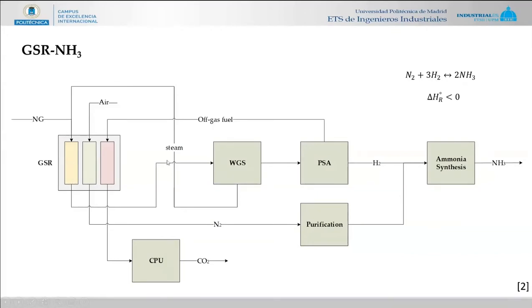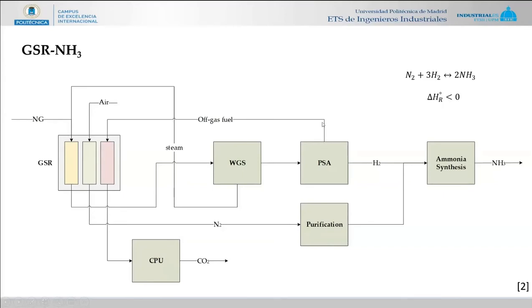And subsequently, we have a water gas shift unit. This further converts the remaining carbon monoxide, right? And also, because this reaction is exothermic, it generates steam that we can deliver to the natural gas inlet stream. Then we have a separation where the pure hydrogen is obtained in a pressure swing adsorption unit, right?